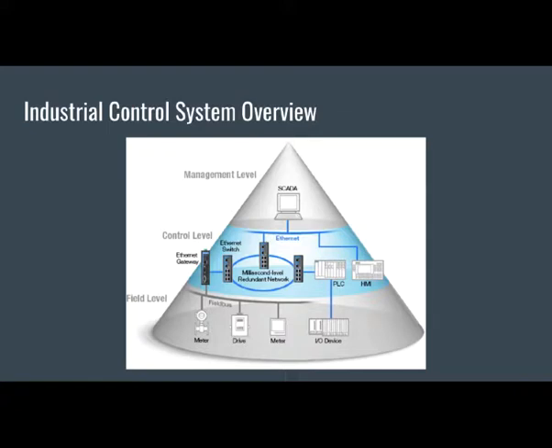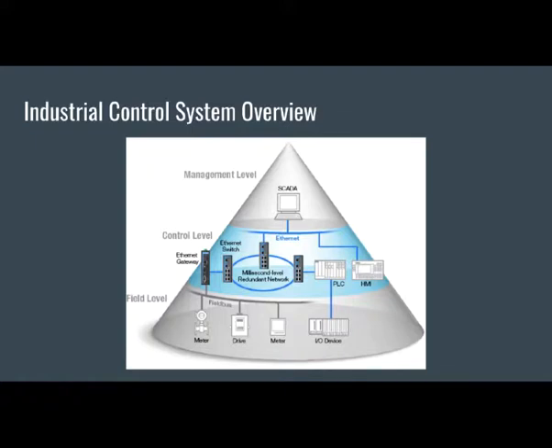In terms of the overview of ICSs, or industrial control systems, they're essentially made up of a hierarchy of 3 levels, as you can see there. The upper level, the management level, contains the SCADA, which stands for Supervisory Control and Data Acquisition. Below that, you have your control level, which contains your PLC and an HMI, which we'll be looking into in this paper.